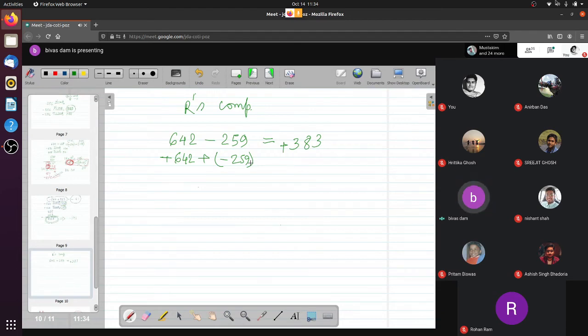So what will be the tens complement of 642? 642. And minus 259, what will be that? Better I'll do it in two steps.